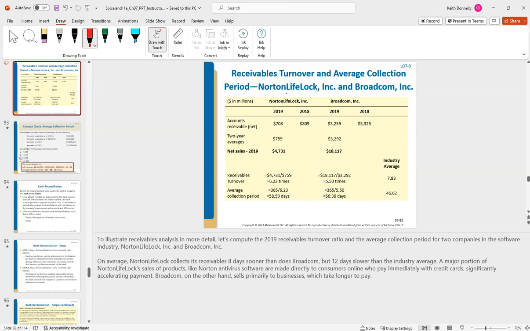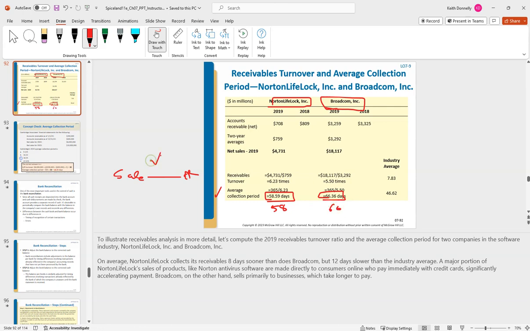So here, maybe we have company one. We have the average collection period. On average, it takes them 58 days from when they make a sale on account to whenever they collect on that receivable. If we were to compare that with company two, they take 66 days.